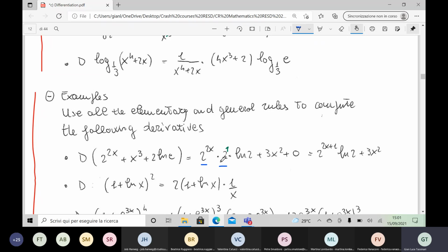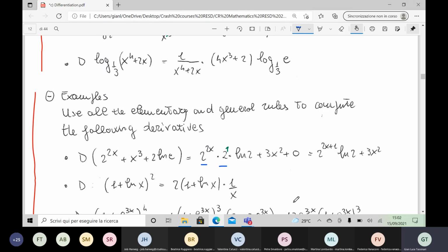The result is a power with the same basis and the exponent alpha plus beta. So 2x plus 1. I said alpha plus beta because yesterday we used this notation. Remember, 2 to the power alpha times 2 to the power beta is 2 to the power alpha plus beta. So I simply did this one.